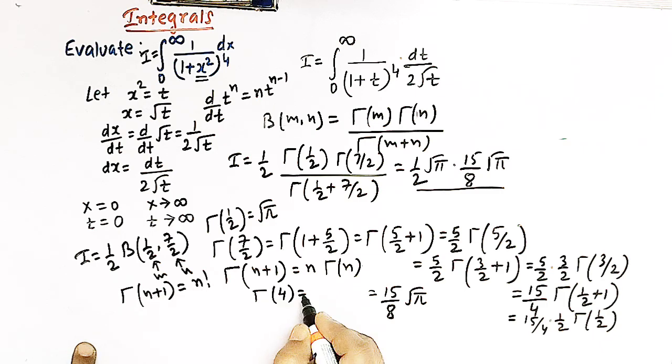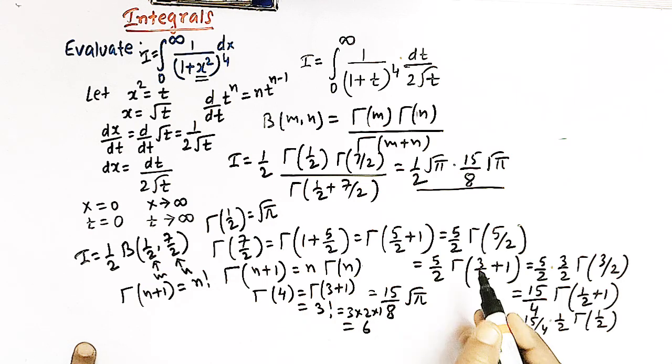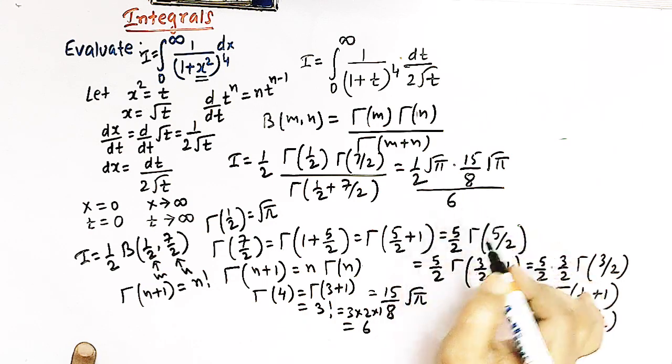So here gamma 4 is gamma 3 plus 1, that is 3 factorial. The value of n is 3. So 3 factorial is 3 times 2 times 1, that is equal to 6. So here we have 6.